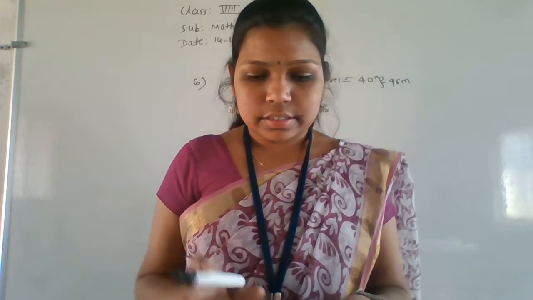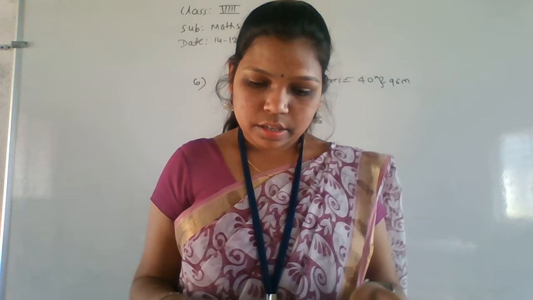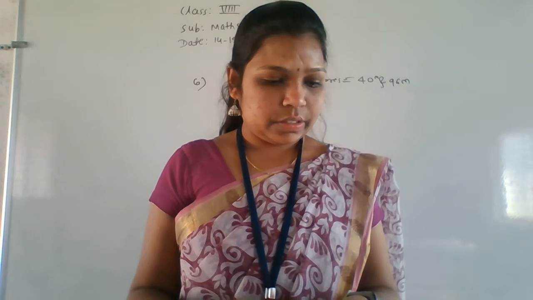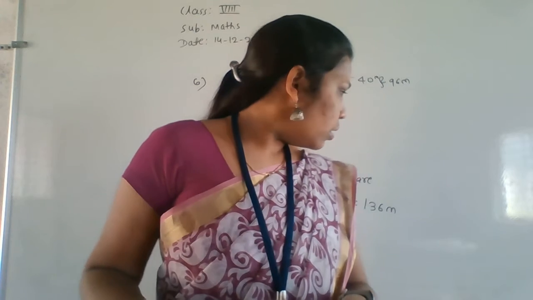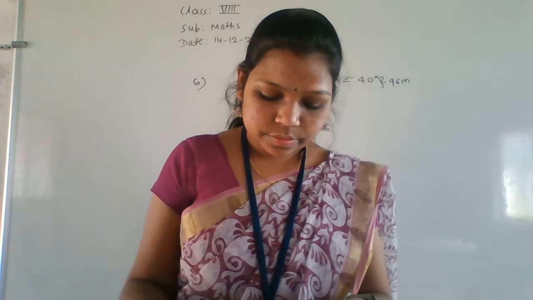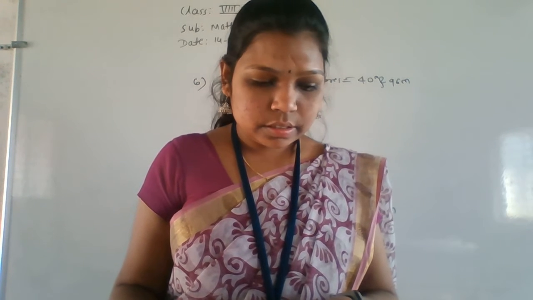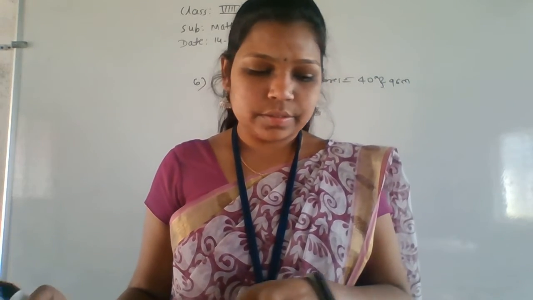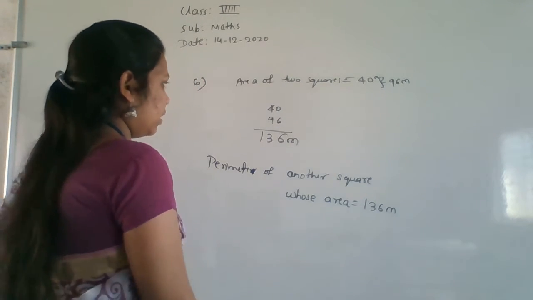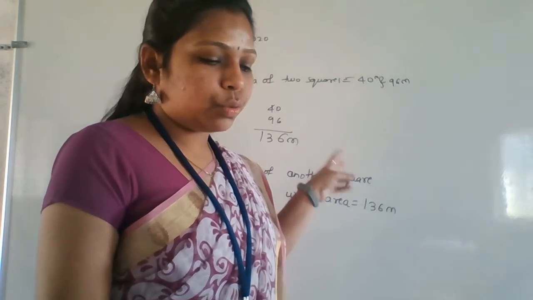Okay, the area is 136 meters here. Find the perimeter of the other square equal in area to the sum of the first two squares.